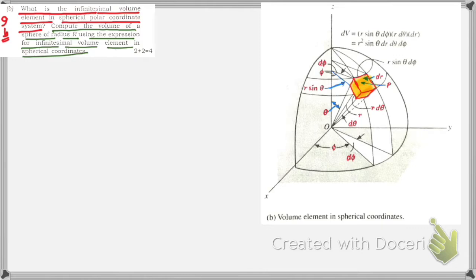So here you see, suppose this is our Cartesian coordinate system, and we have assumed a sphere.